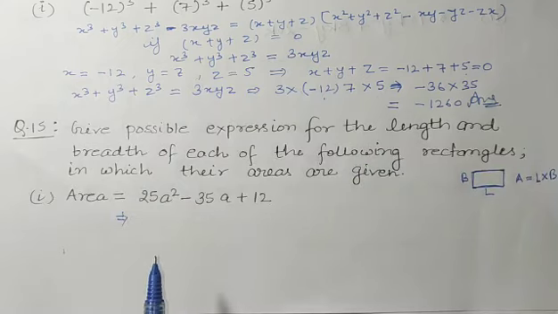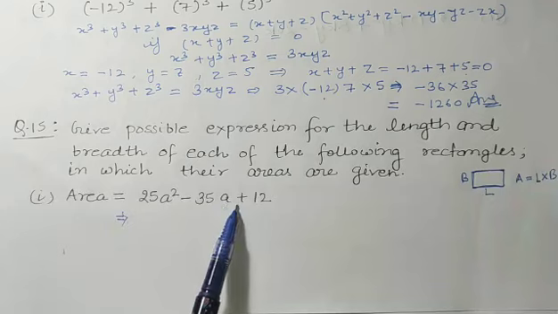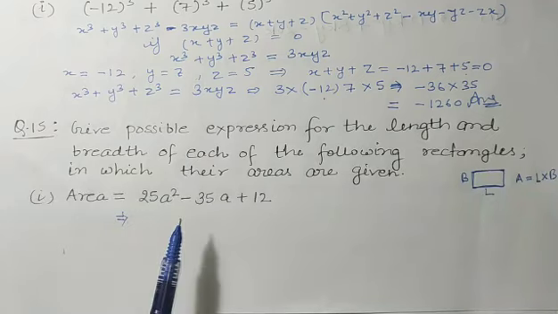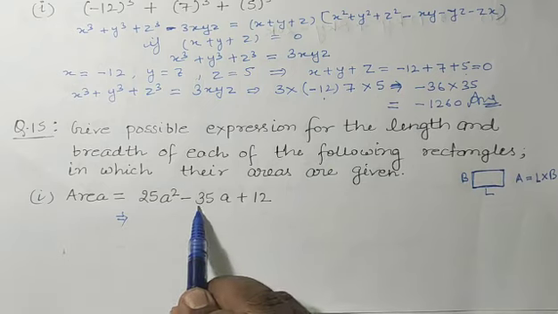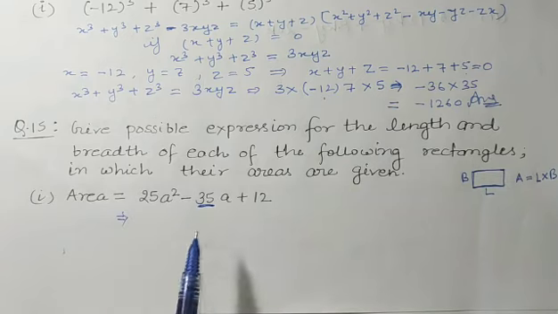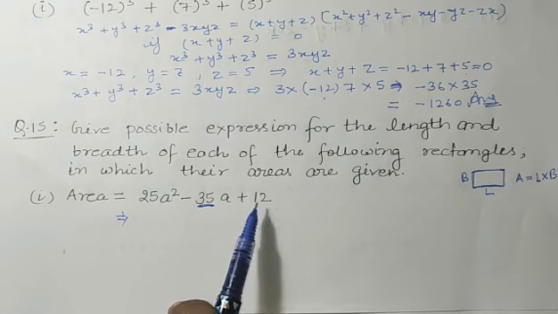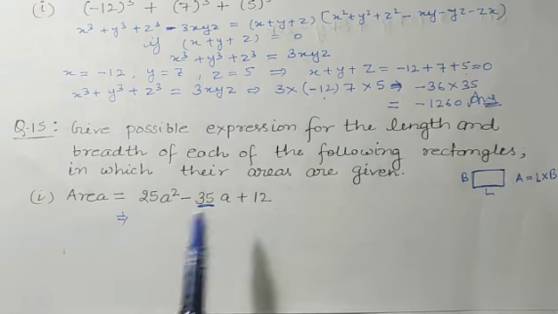So how will we factorize it? See, the question is 25a square minus 35a plus 12. As I have told you, for the factorization of a quadratic polynomial, we will split the middle term, means we will split this 35 so that the product we get is equal to 25 into 12.